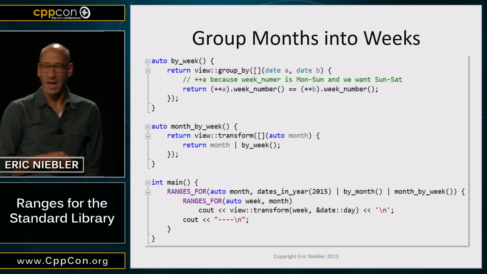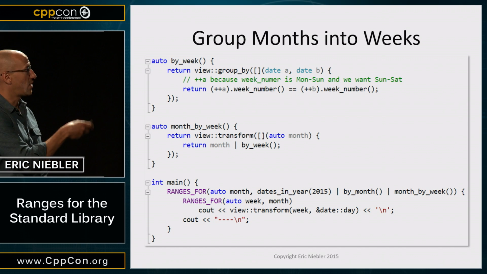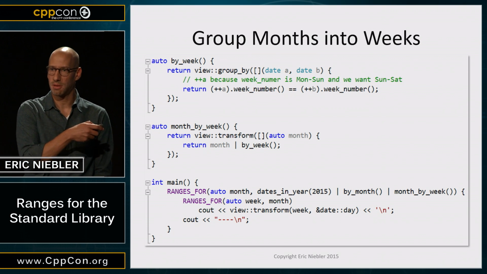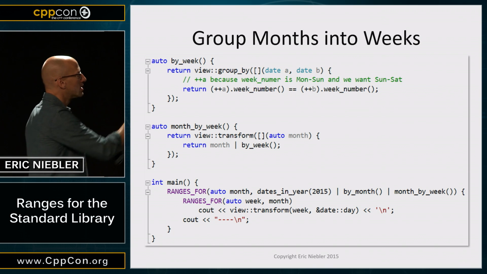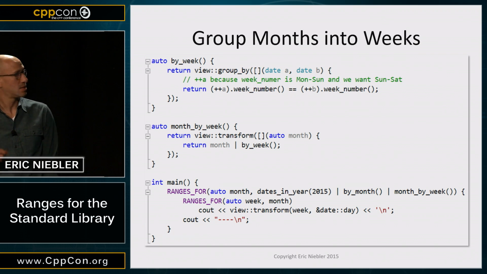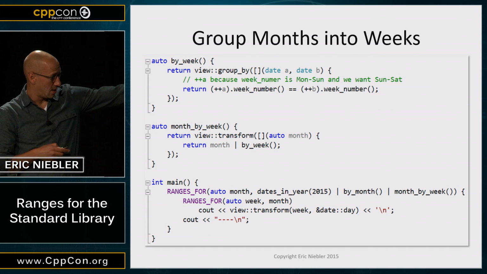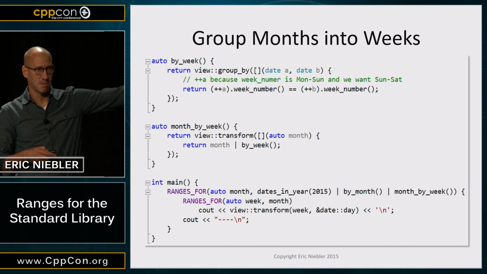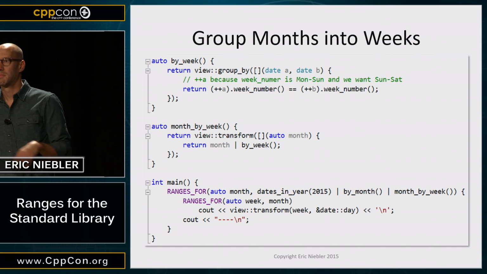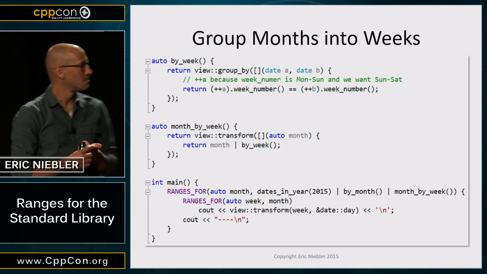And then we're going to be transforming all of our months by carving them up into weeks. So we use transform on every month. This is in the middle here. View transform every month, carve it up into weeks. And now we have this statement here, dates in year by month, month by week. By month turns a range of dates into a range of dates.